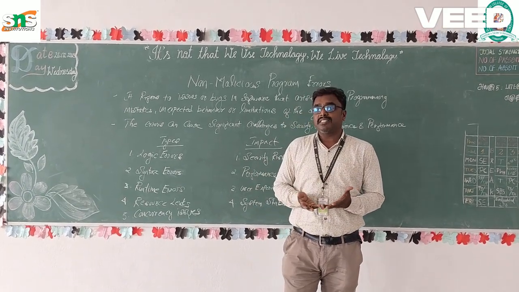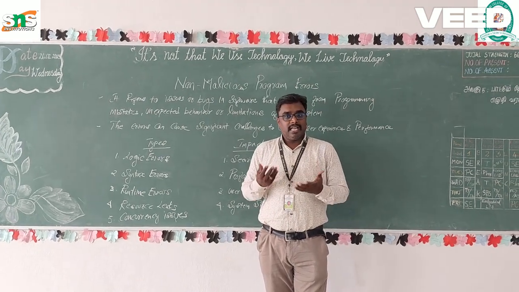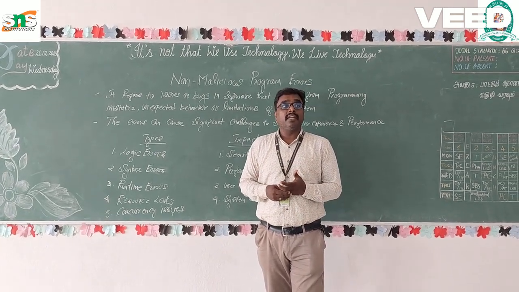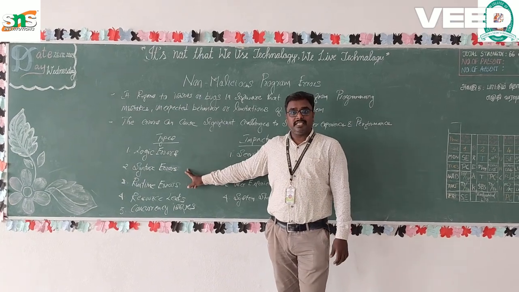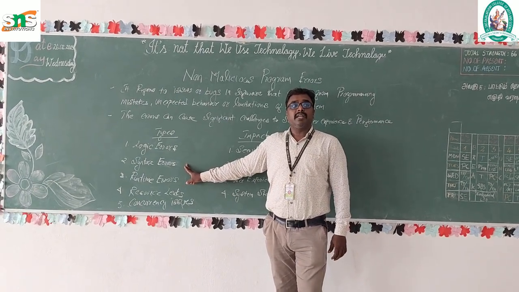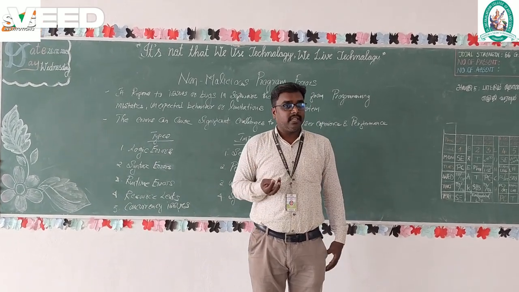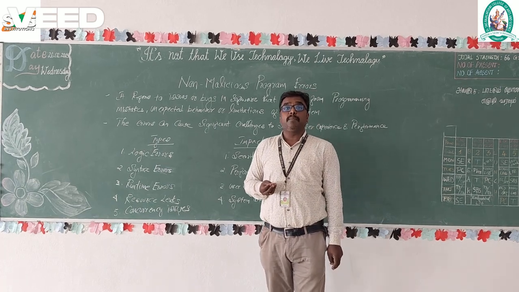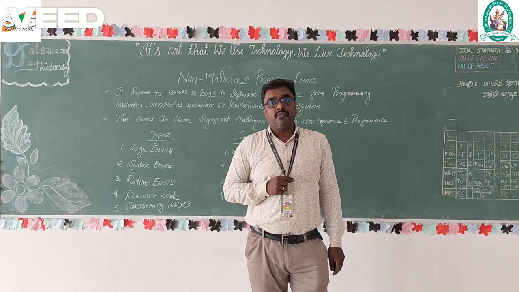The second one is syntax errors. As computer science students, we will be writing a lot of programs and learning programming languages. Each programming language has its own syntax, the way to write. For example, in C or C++ programming, we have to put a semicolon at the end of the statement.